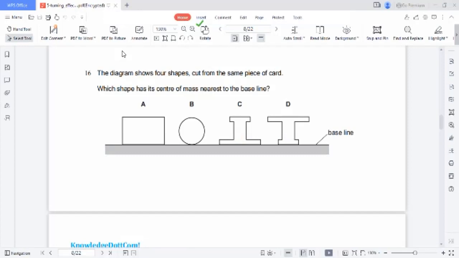Yes, I think so. Okay, let me check. Yes, this one would most probably be it.